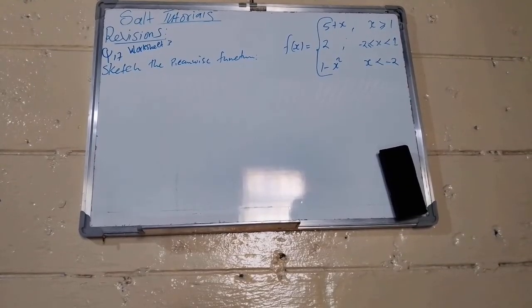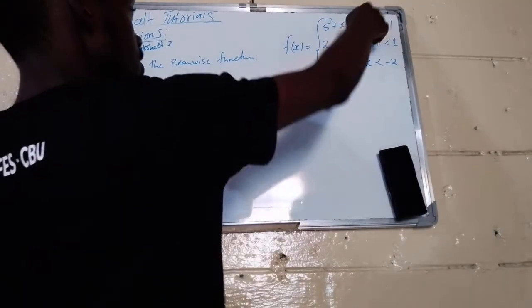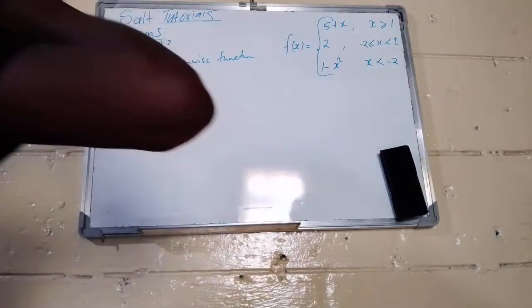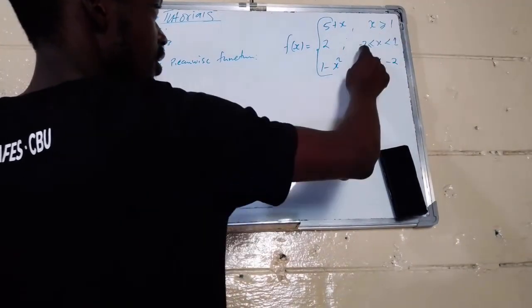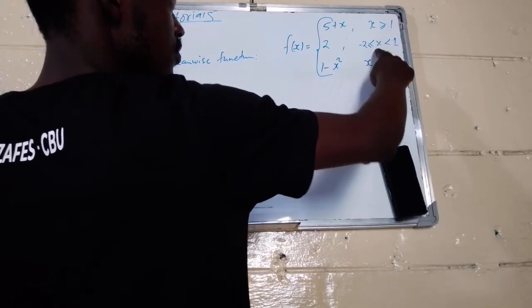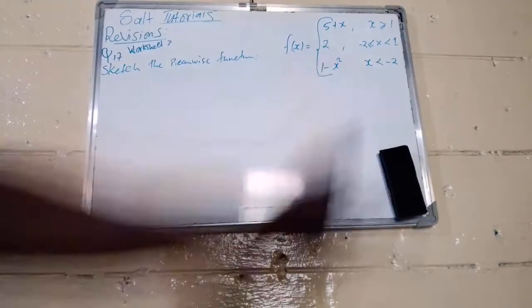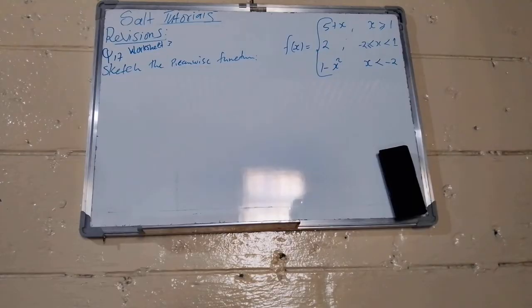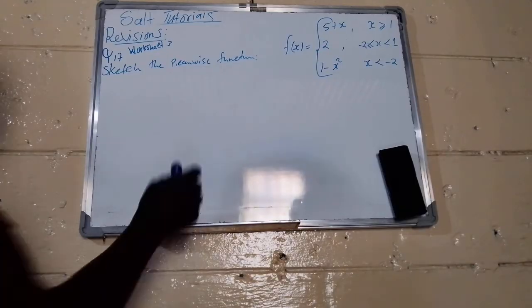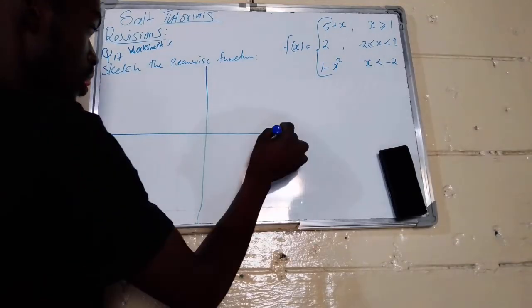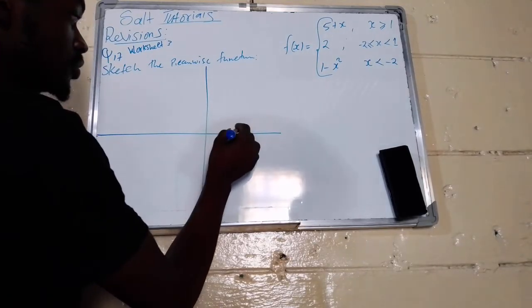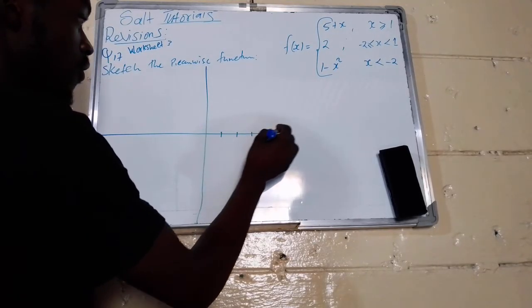First thing, as usual, look at your intervals. Determine your intervals there. What is happening? You have x equal to 1, x equal to negative 2. Those are the only values we are seeing for x. So in the Cartesian plane, we have 1, 2, 3, 4, 5.